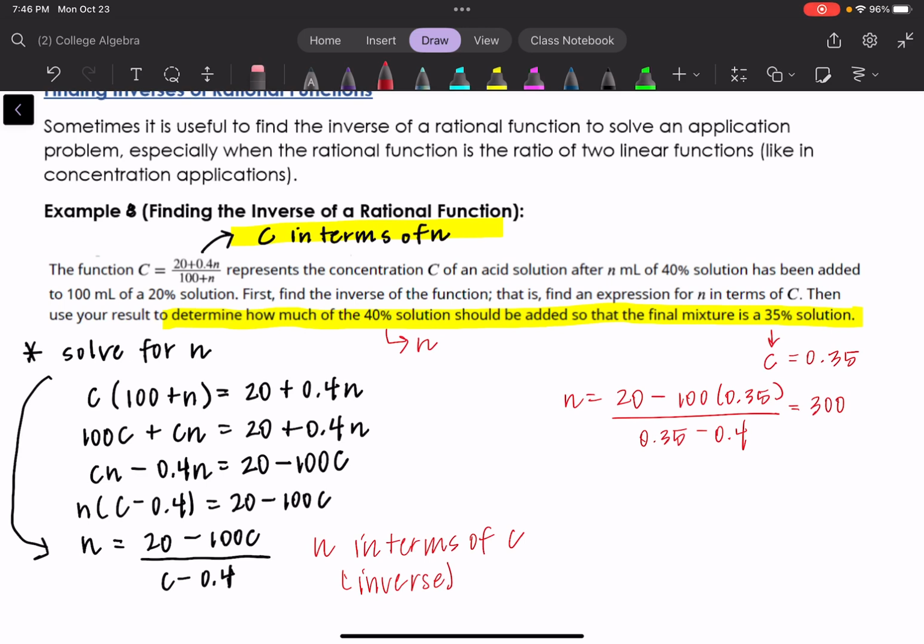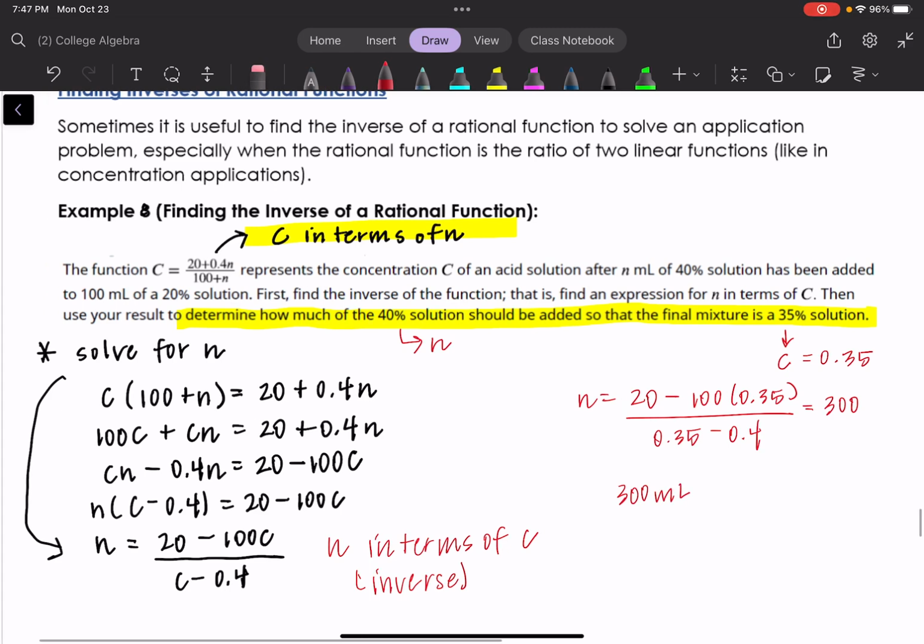And so 300 milliliters. My dog is going crazy. The 40% solution should be added.